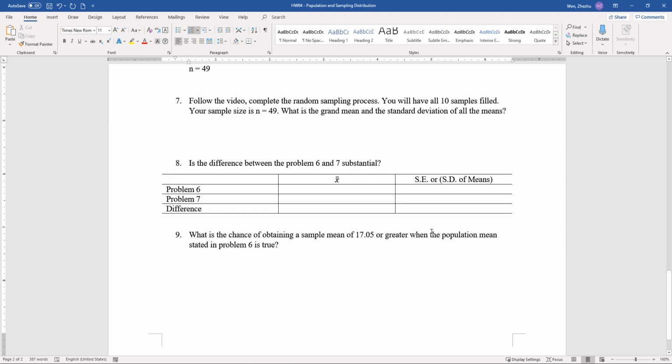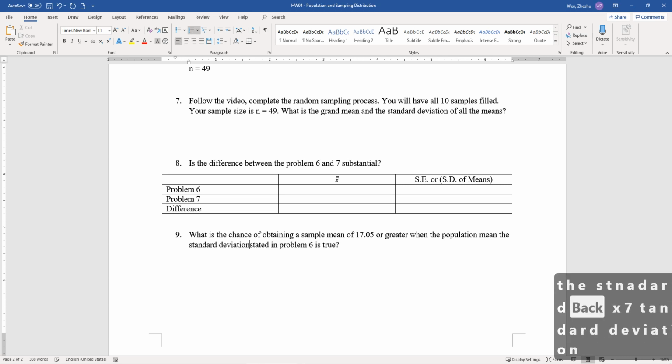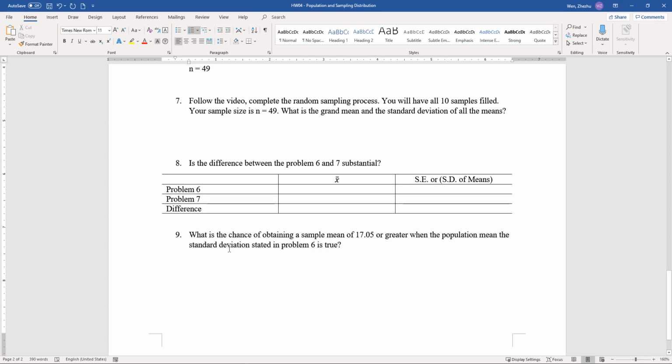It says when the population mean and the standard deviation stated in problem 6 are true. So you're using the population mean and standard deviation of the population, and the sample size is not explicitly mentioned here, but you need it to determine the chance of obtaining a sample mean of 17.05.